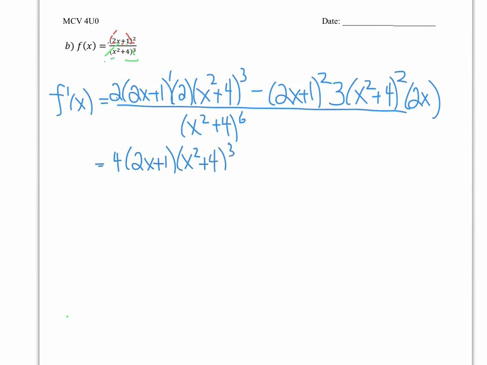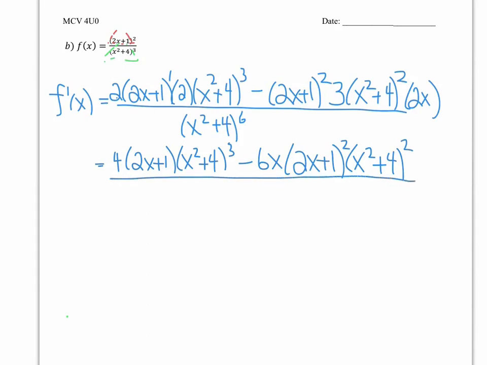Then you can see in the second one, when we combine the monomials, we have minus 6x. We have 2x plus 1 squared, and the x squared plus 4 also squared. Of course, don't lose the denominator. That's all over x squared plus 4 to the 6. Okay, so now we're ready to factor just on the top.